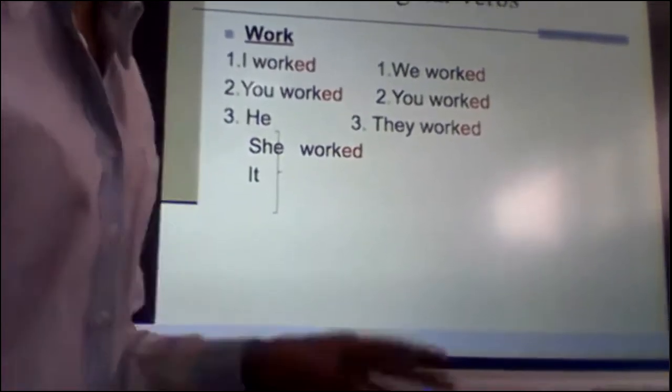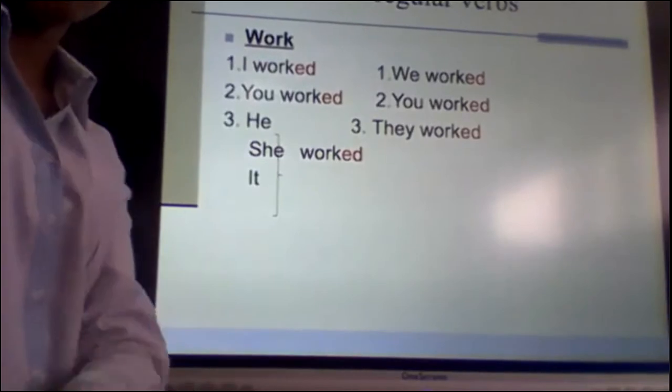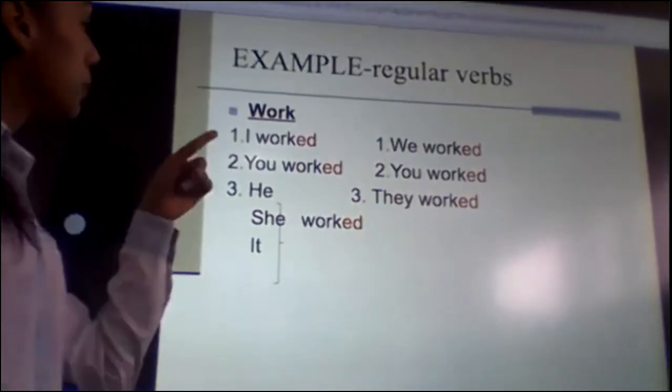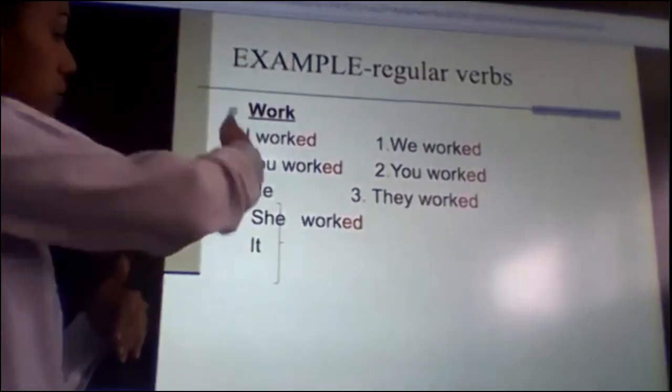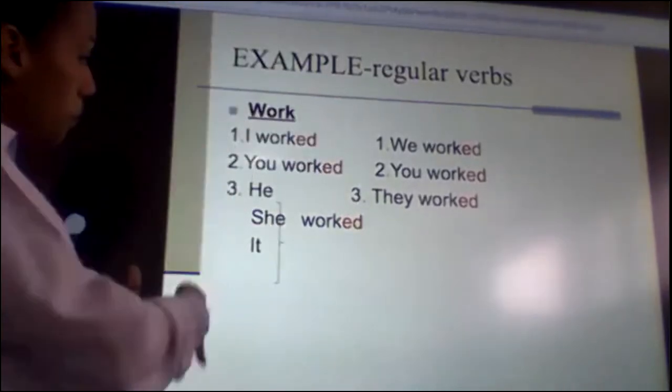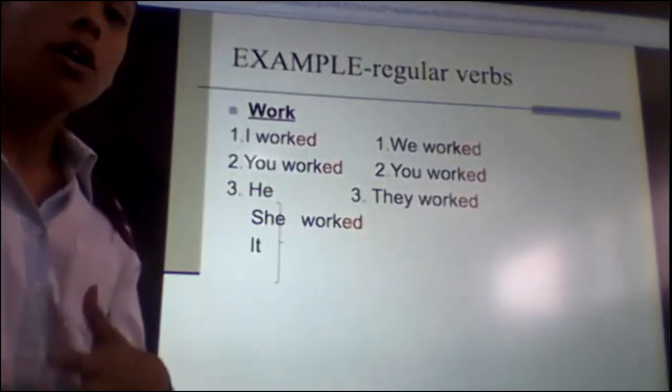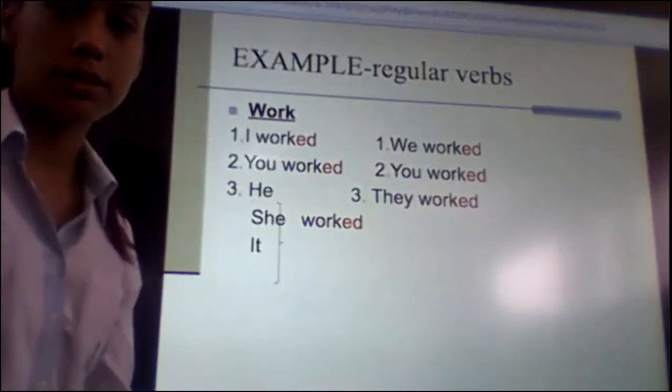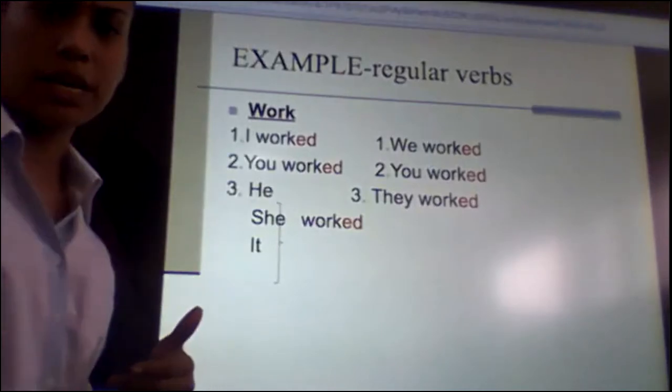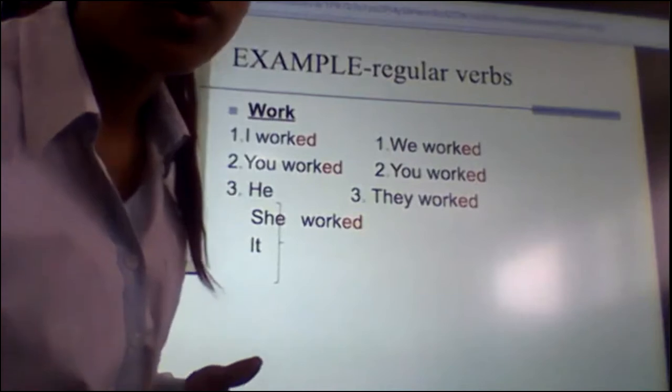It's really important you remember also the use of the construction, personal pronoun and verb in past. Personal pronoun and verb in past for positive sentences. What happens with negative sentences? Jeremy, do you know?